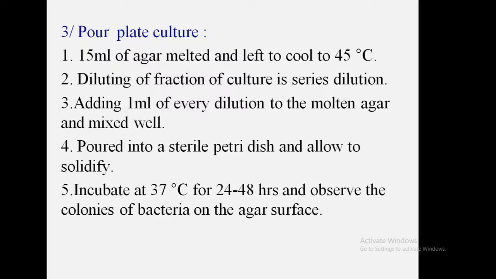Next one, pour plate culture. In the pour plate culture procedure, take 50 ml of agar, melted and left to cool to 45 degrees Celsius. Dilute a fraction of the culture by serial dilution. Add 1 ml of every dilution to the molten agar and mix well. Pour into a sterile petri plate or dish and allow it to solidify.